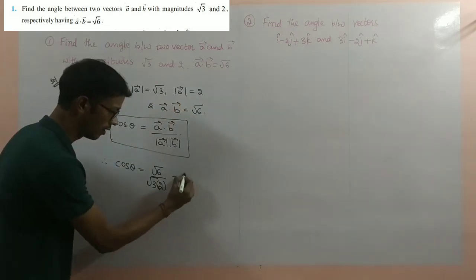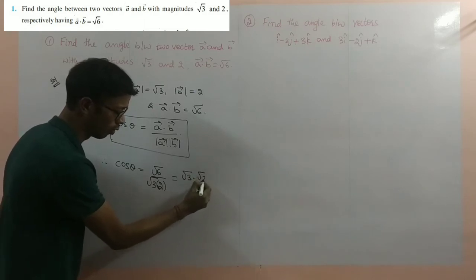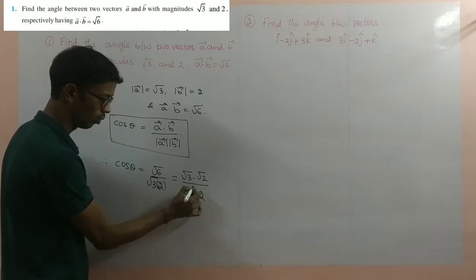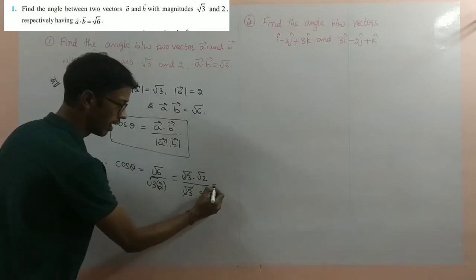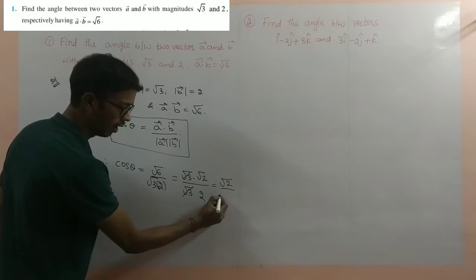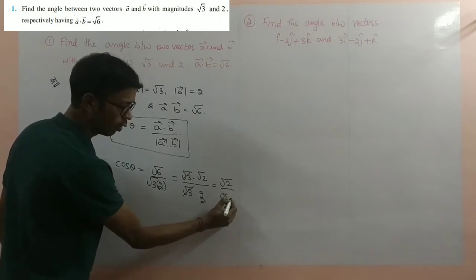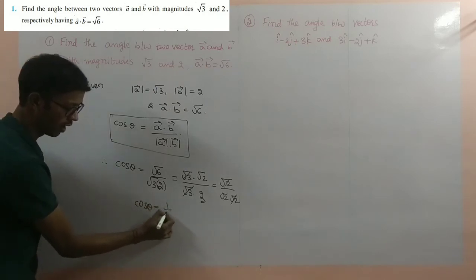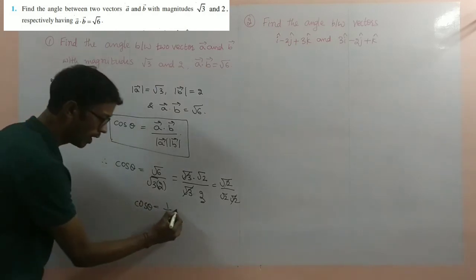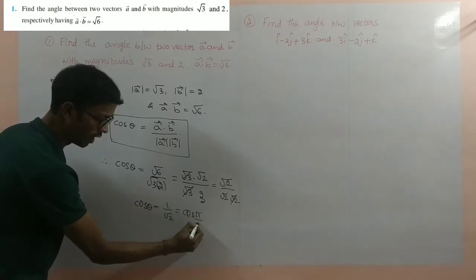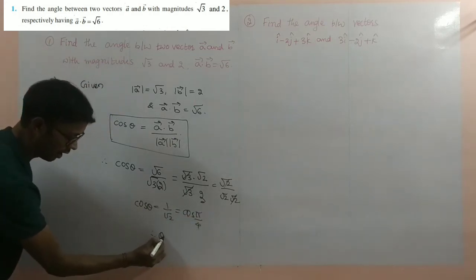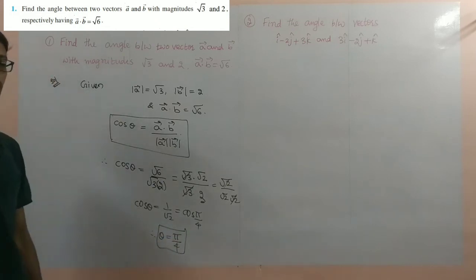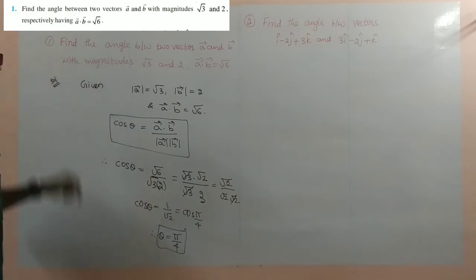We can write root 6 as root 3 into root 2, so root 6 by root 3 into 2. Root 3 gets cancelled. We can write this as root 2 by 2, which is root 2 by root 2 into root 2. Root 2 gets cancelled. Cos theta equals 1 by root 2. Cos 45 is 1 by root 2. Therefore, theta equals pi by 4. So this is the first problem.